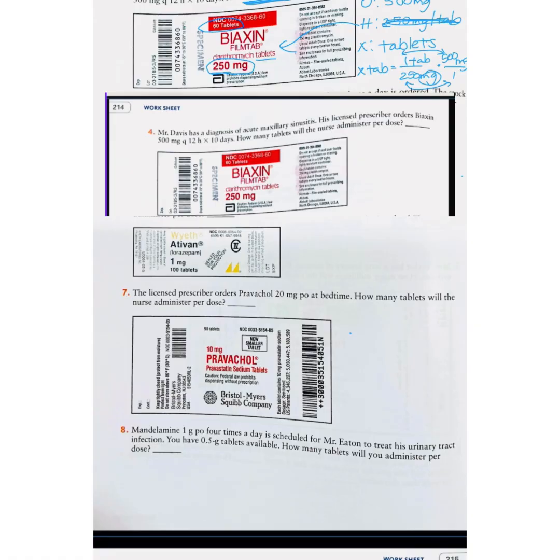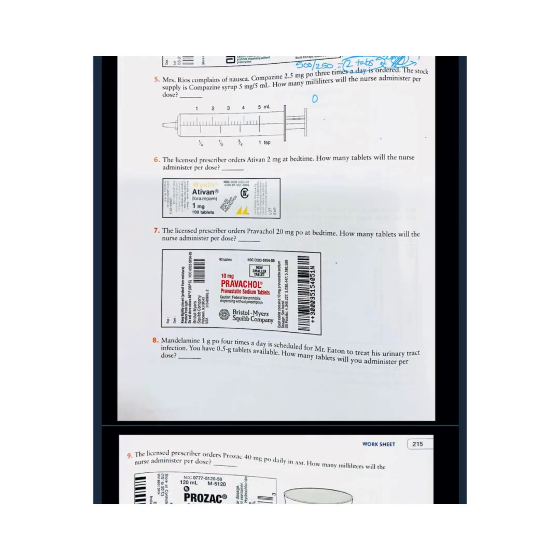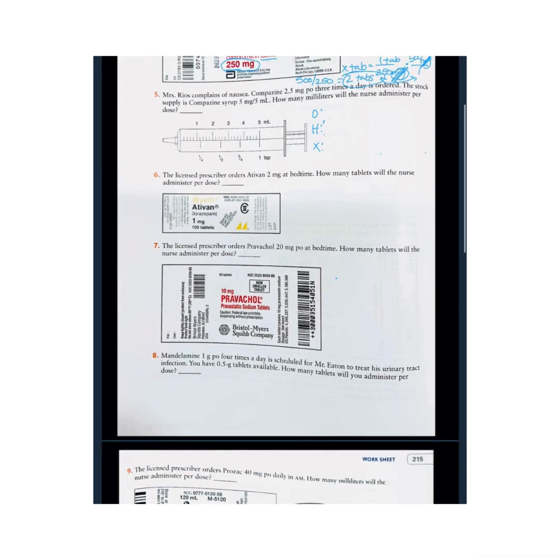I'm running out of room here, so I'm going to come over here. 500 divided by 250, cross cancel these, equals 2 tablets. 2 tabs. What I have on order, what I have on hand, my unit of measure.